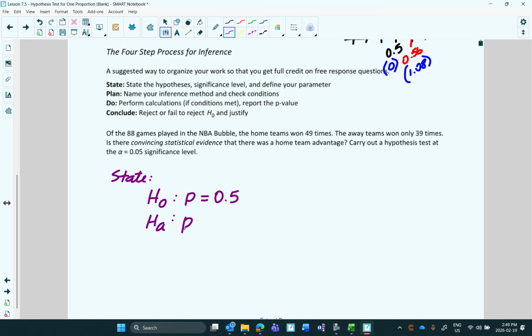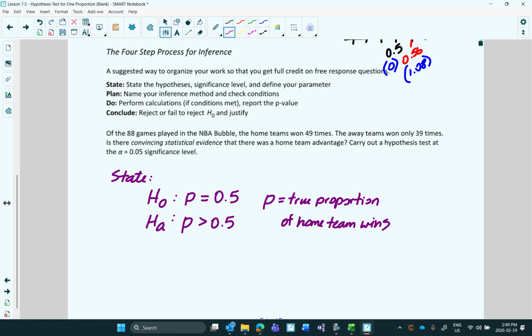If there is a home court advantage, it will be greater than 0.5, where P equals true proportion of home team wins. That's the state part for a hypothesis test.